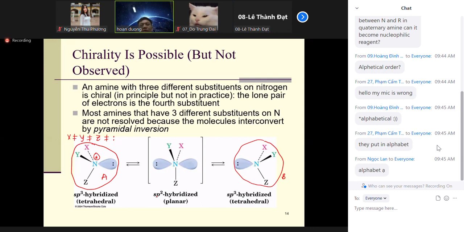But we have to explain why. That's a different thing. Okay? If you use carbon here, if you put the carbon in and put four substituents different from each other, I'm sure you have chirality. But nitrogen, no. So the question is why? We should have a short break, okay?